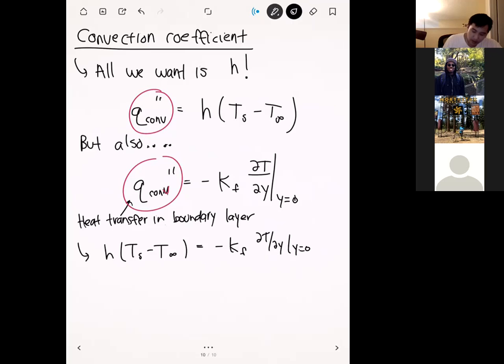Okay. And if we divide both sides by Ts minus T infinity, what we get is H is equal to minus Kf dT/dy at y equal to 0, divided by Ts minus T infinity.